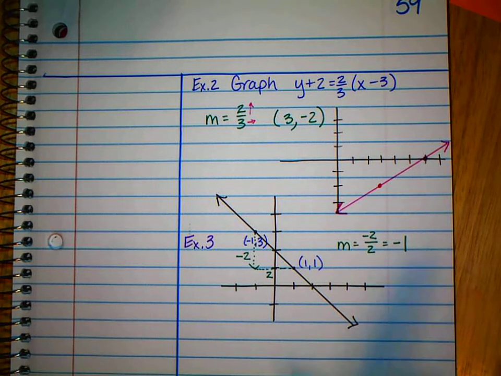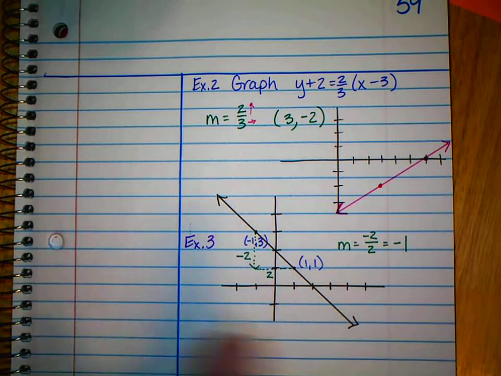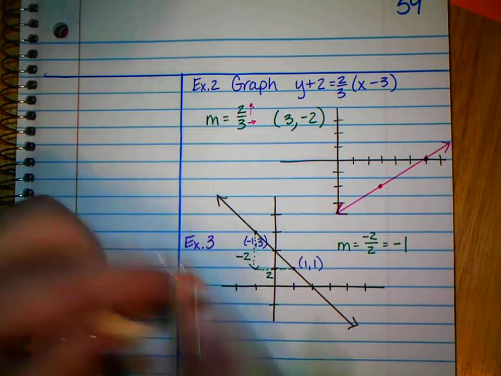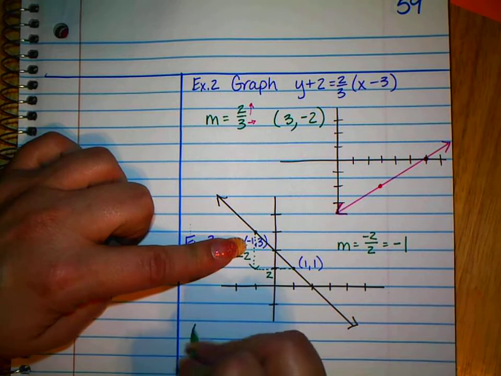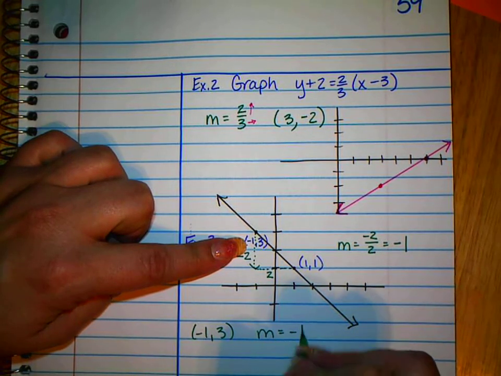And I just need to choose one of my points. I've got 2 points to choose from. I'm going to say we read from left to right, so I'm going to choose the left-hand point, which is going to be -1, 3. And my slope is -1.